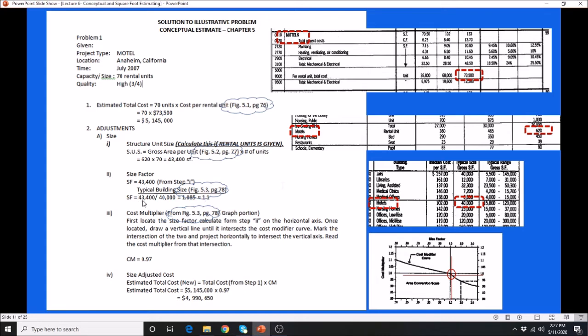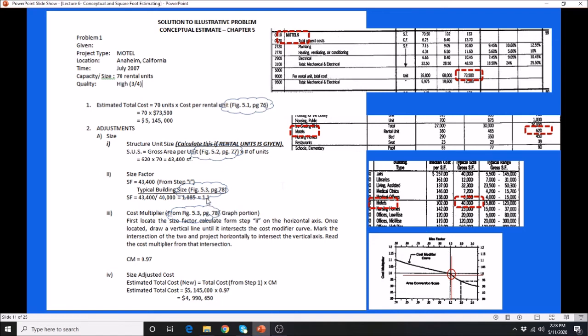By dividing your SUS by the typical, based on this table here, you can now determine the cost multipliers. And to calculate the cost multiplier, you will be using this graph here. That's still on figure 5.3, page 78. What to do is just go across, it's 1.1. So from the horizontal at the bottom or at the top, that's your size factor here.